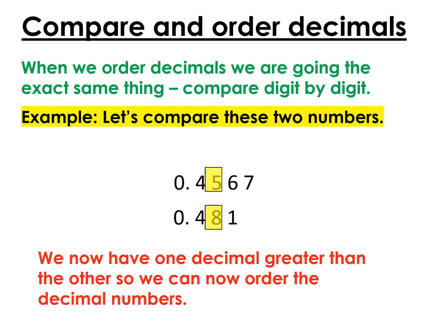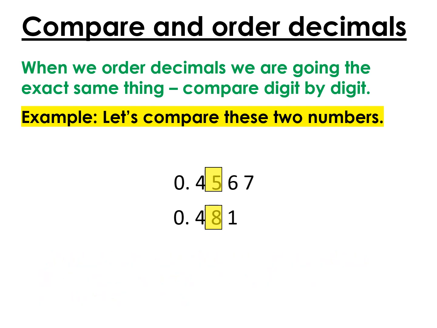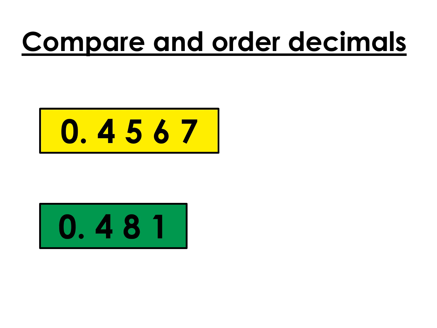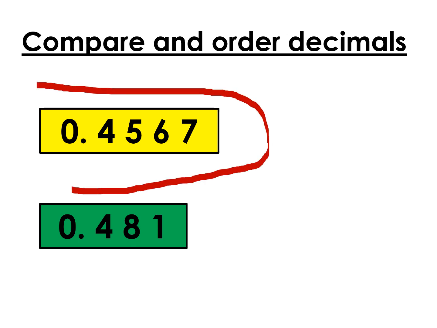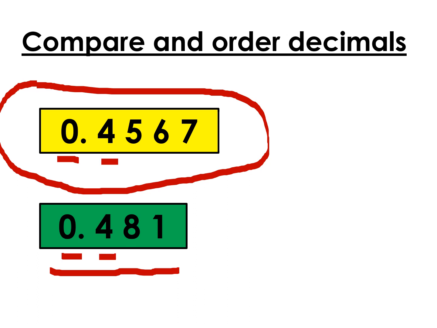Okay, the 8 is bigger, which means that 0.4567 is smaller than 0.481. Even though this number here has more digits, it doesn't necessarily mean that it's bigger than this number here. And that's what we've got to do in our lesson today: compare each digit one by one, and that will help you compare and order the decimals.